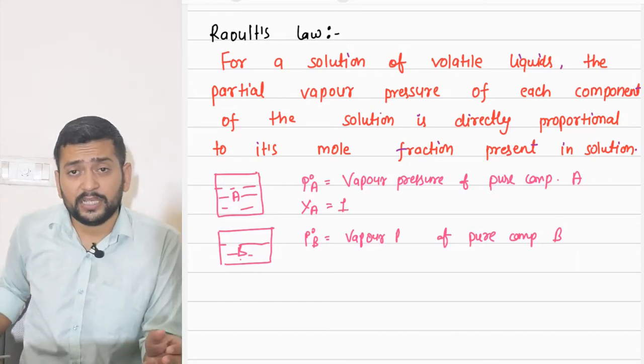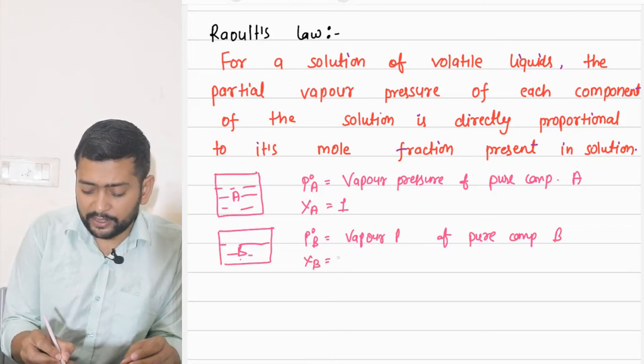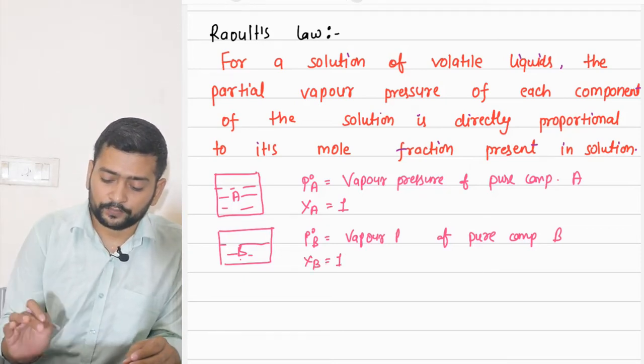So here zeta A will be equal to 1 because we don't have any other component, and similarly zeta B is equal to 1.